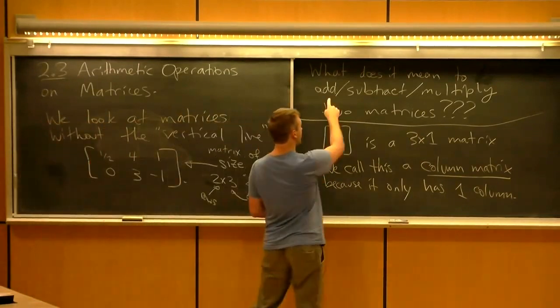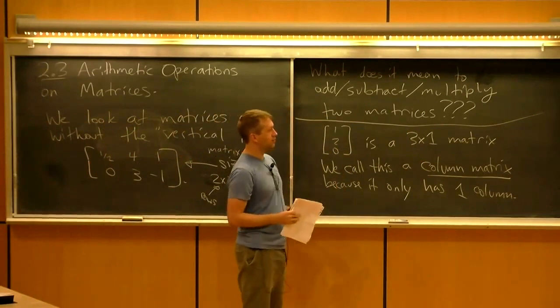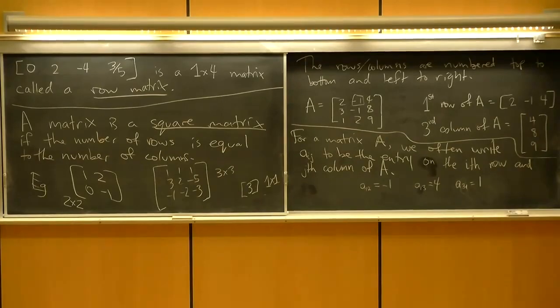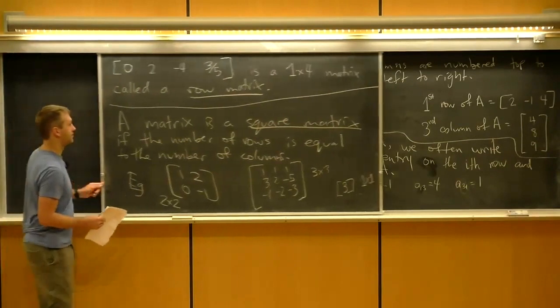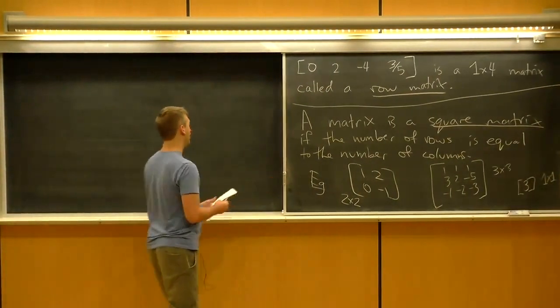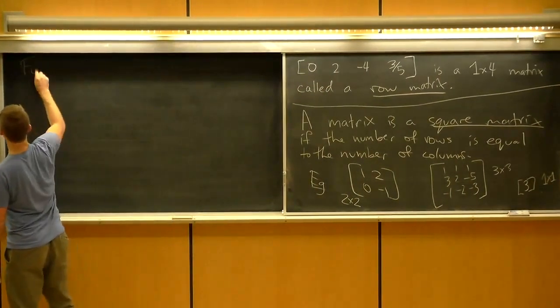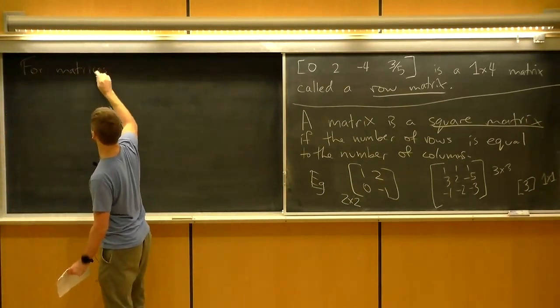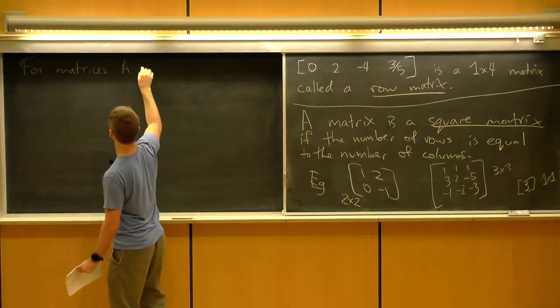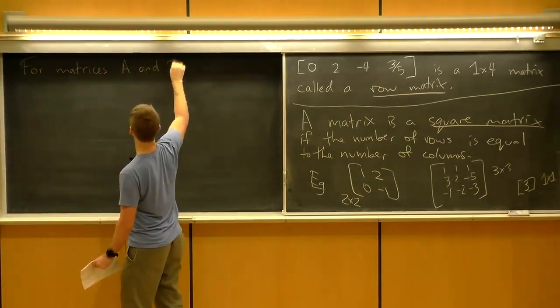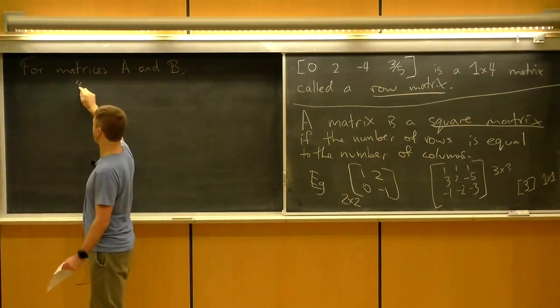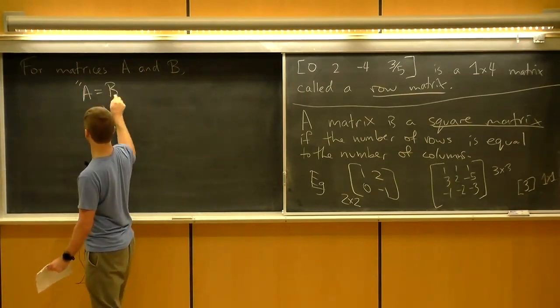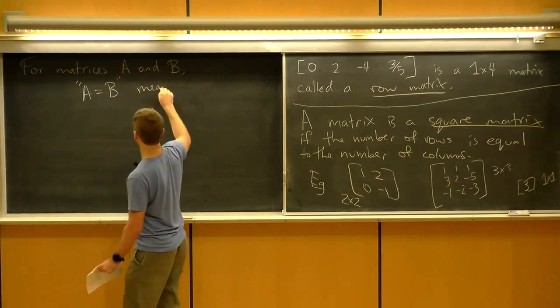So actually, we're going to learn how to add, subtract, and multiply matrices. But first, there's something even more fundamental, which is to say, what does it mean for two matrices to be equal? So for matrices A and B, if I write A equals B, that means a few things.